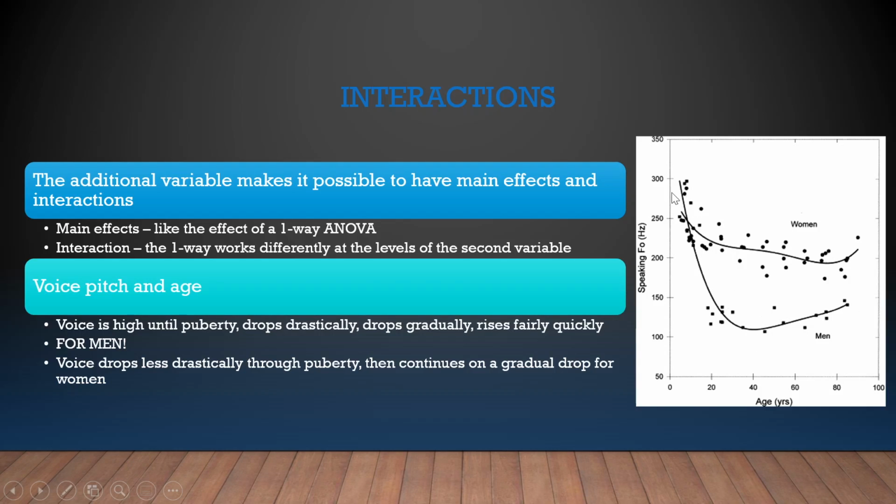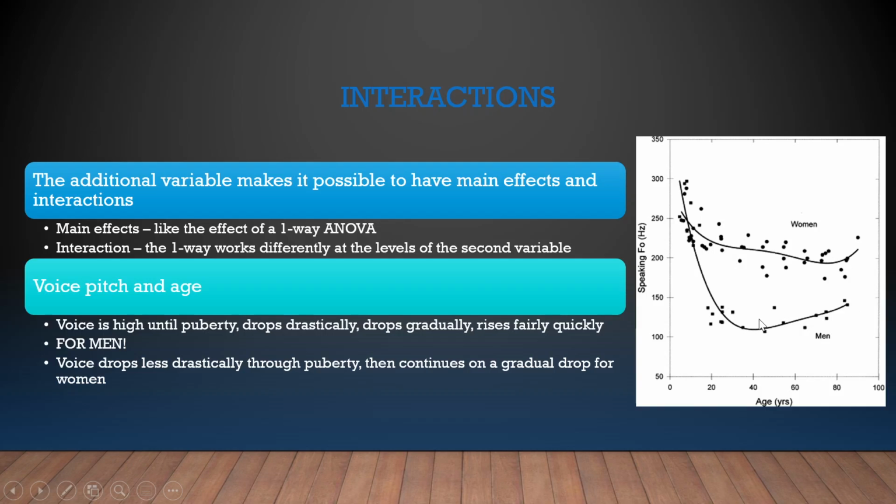You can see that children are roughly in the same space. Then male children are going to drop significantly. Female children don't. Here we are in adulthood. It drops gradually for women.